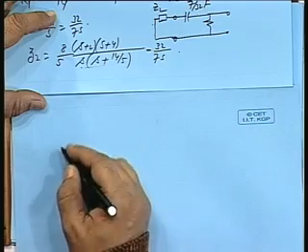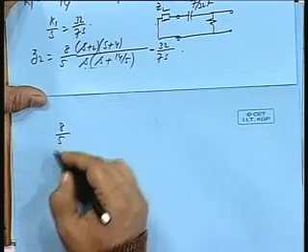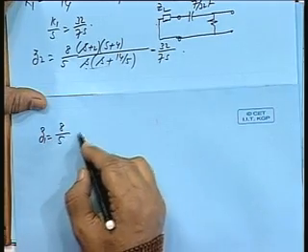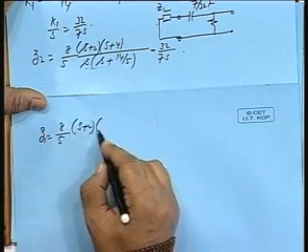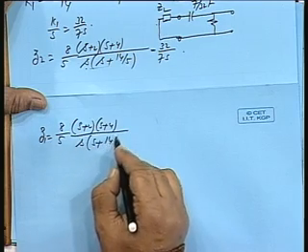Okay. So, how much is it coming to? Okay, let us compute. I have got Z1 as 8 by 5 into S plus 2 into S plus 4 divided by S into S plus 14 by 5.